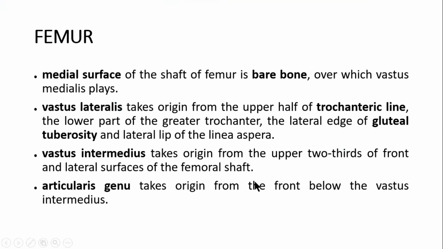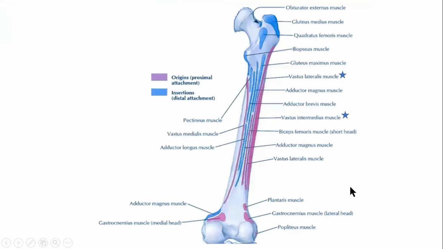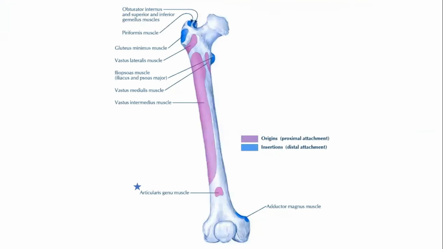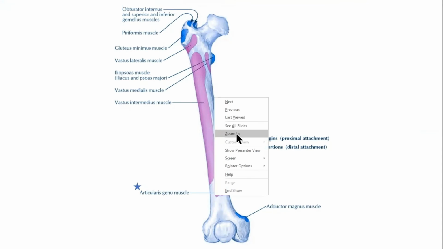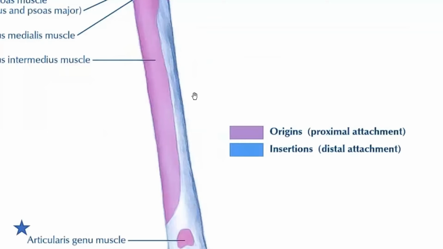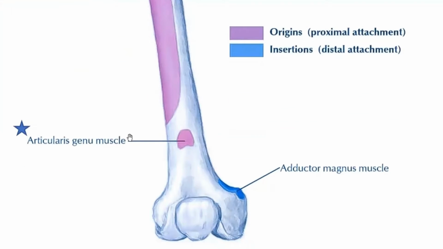Articularis genu takes origin from the front below the vastus intermedius. You can see this is the articularis genu, very clear.